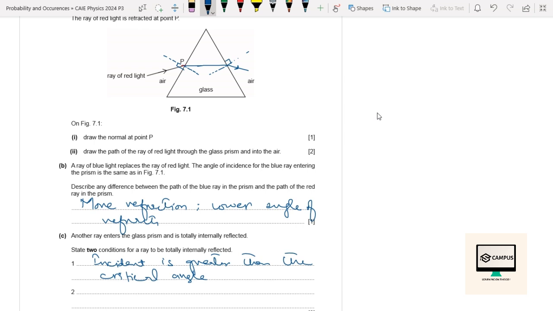The second condition was that the incident ray should be entering the medium of lower refractive index.